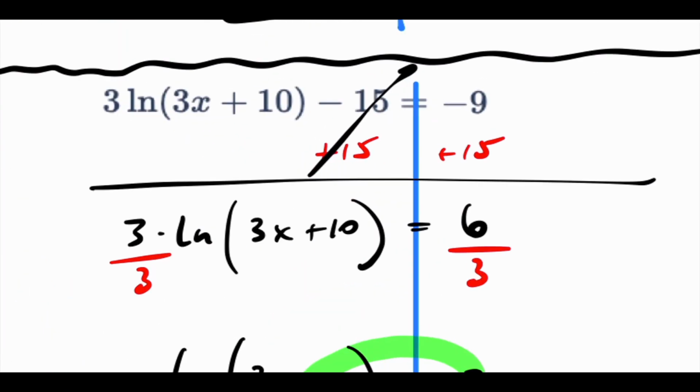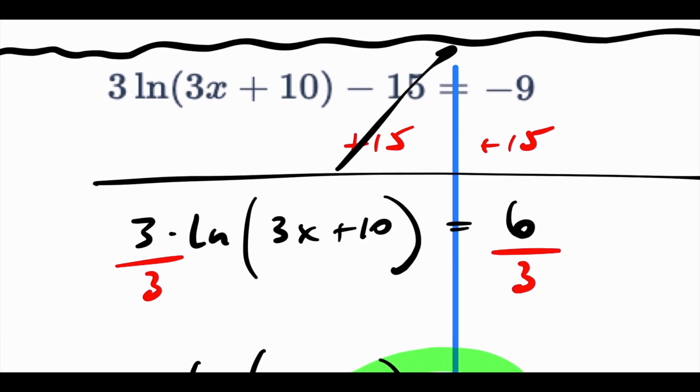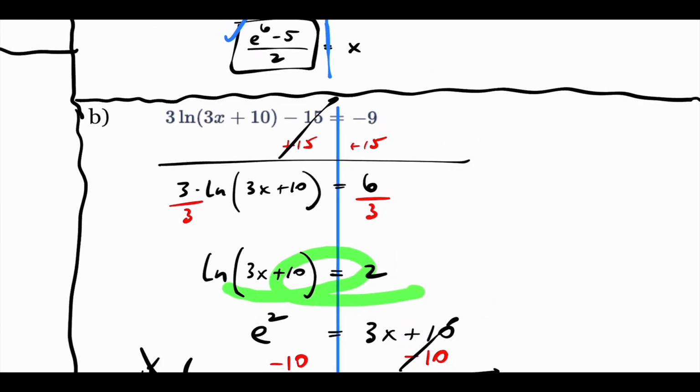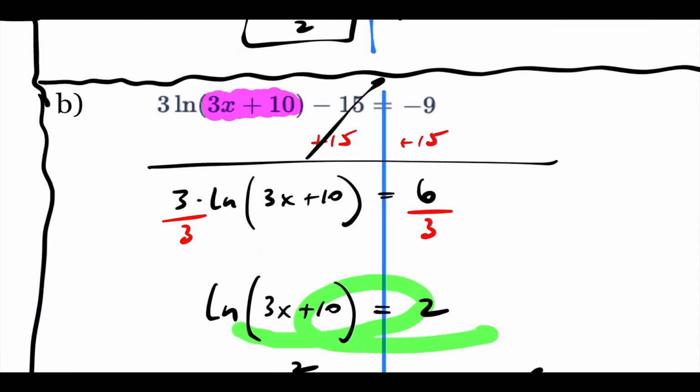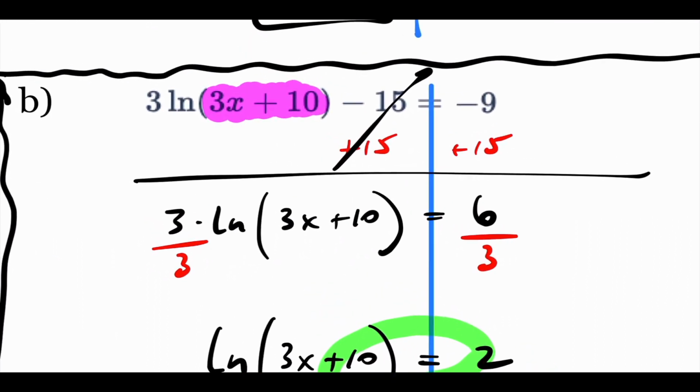If I were to plug in -1 here, would I get a negative answer? If I were to plug in -1 into that purple, would I get a positive, negative, or 0 answer?